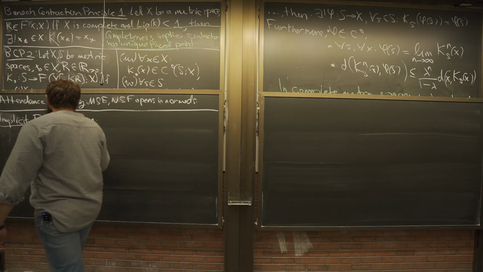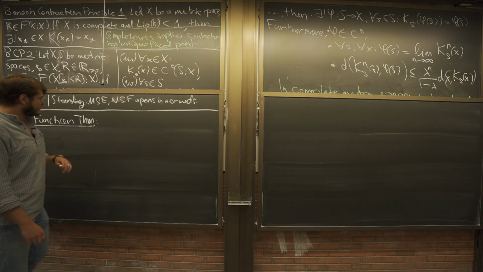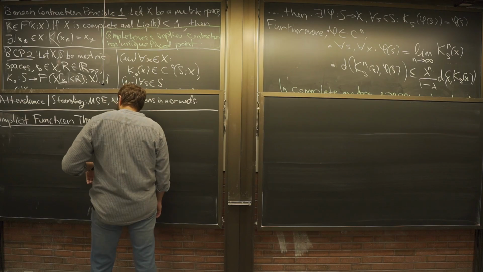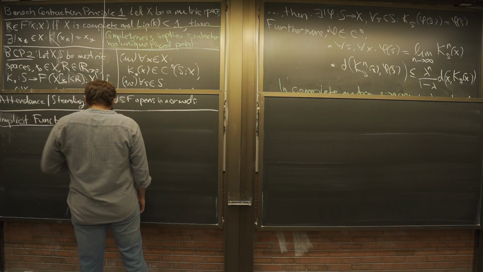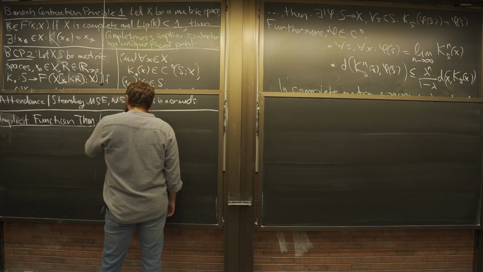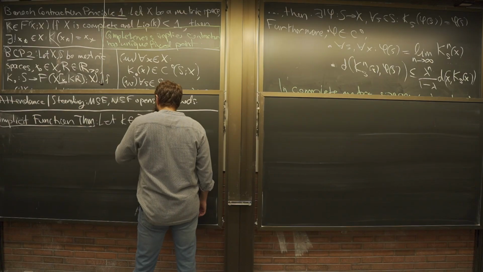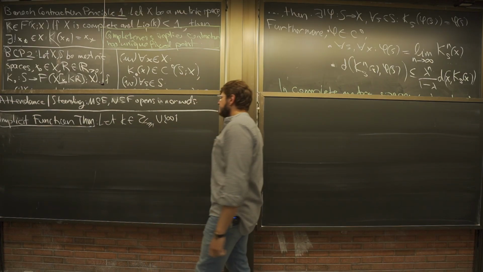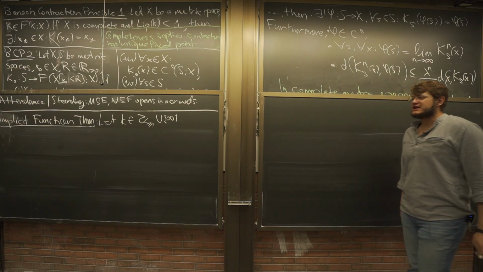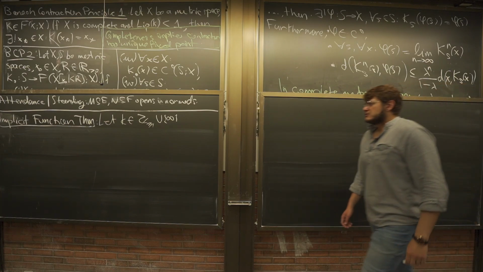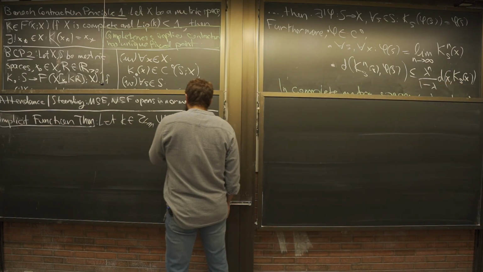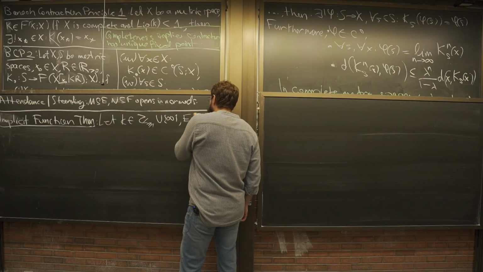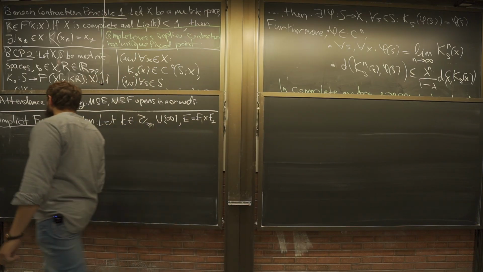Okay, implicit function theorem. Let's remind ourselves. Let k be a positive integer or infinity. This is going to be our regularity for the function. Let E be a product space, E1 times E2.